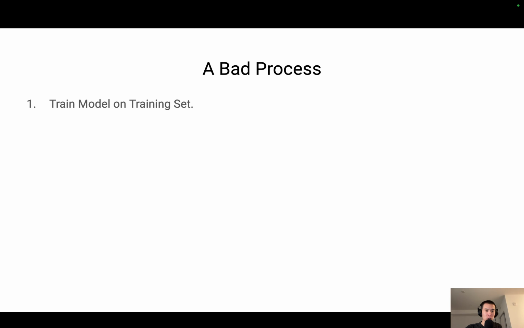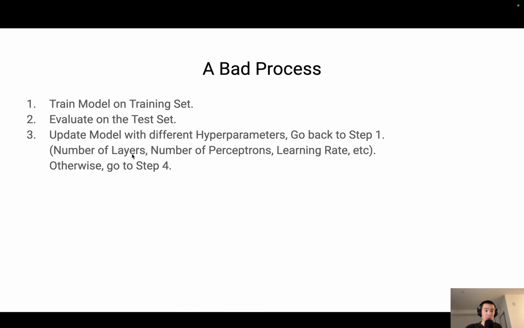So maybe your model does better if it has more layers and less perceptrons or vice versa, as an example. Otherwise, go to step 4. Select model with greatest accuracy on test set. Okay, that's the end of the process.